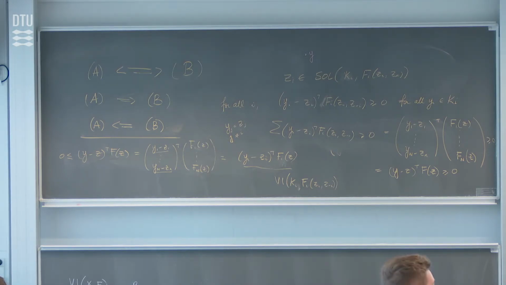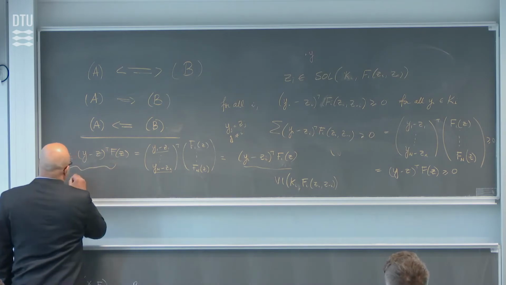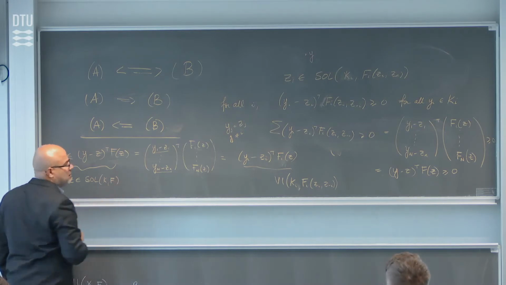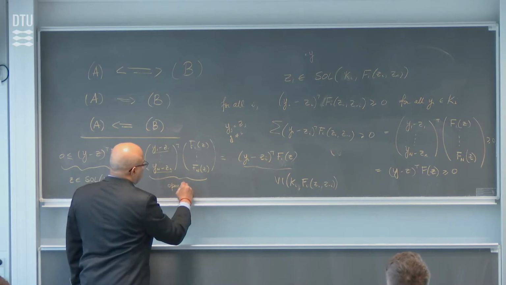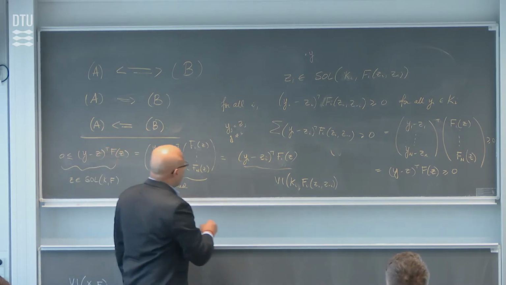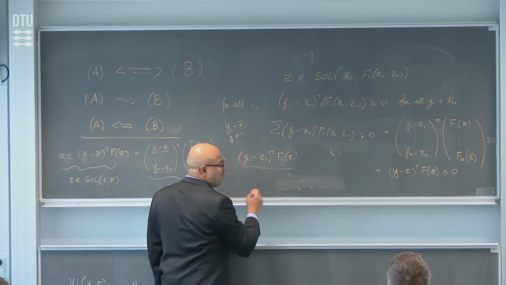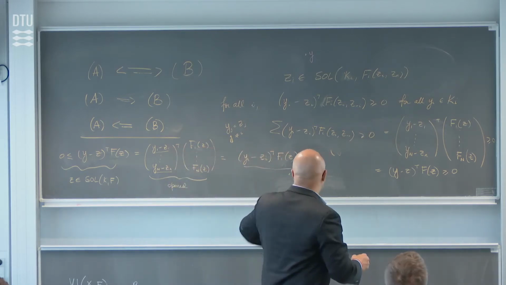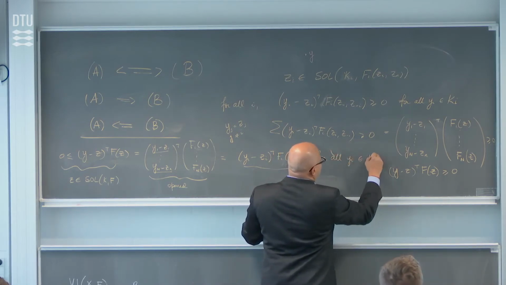Can you repeat just the last step? Yeah, the last step. So essentially what I did was, this holds from z lying in the solution set of VI(K, F). I just opened it out. And then what I did was, because I've picked a particular y, and remember the y's are in my control, I need to satisfy this for all y_i in K_i.